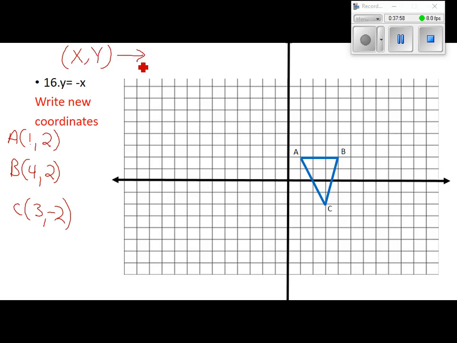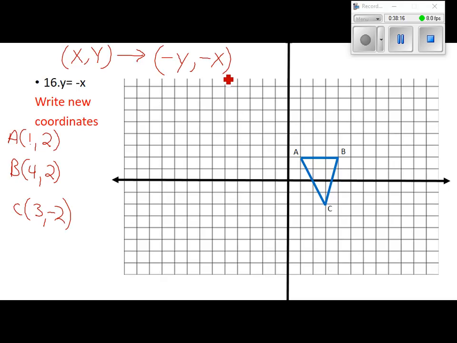The rule's going to look something like this. It's going to go (x, y) to (-y, -x). Anybody else agree with that? Make sure Austin didn't write it down wrong in his notes. That's right.